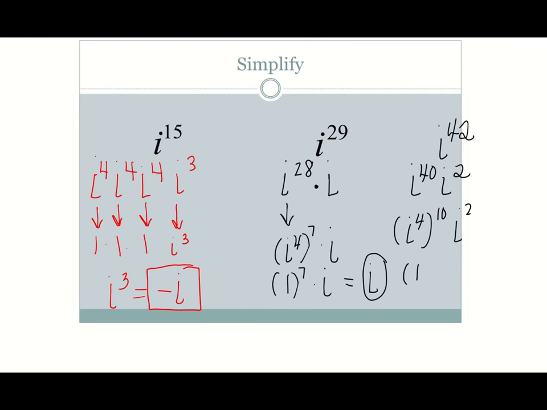So this is going to break down to 1 times i squared. Well, we know i squared is -1, so we have 1 times -1, making i to the 42nd simplify down to -1. So remember, you have 4 options: i, -1, negative i, or 1.